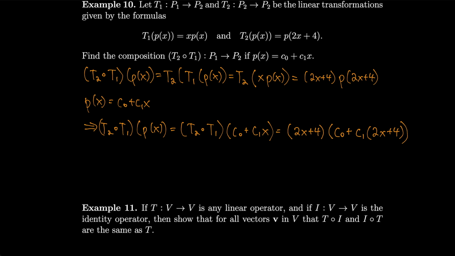We already found that the transformation had to be 2x plus 4 times p of 2x plus 4 to begin with, so we leave the 2x plus 4, and then p of 2x plus 4 is this thing with 2x plus 4 plugged in for x. So we can rewrite that as c0 times 2x plus 4 plus c1 times 2x plus 4 squared by distributing.